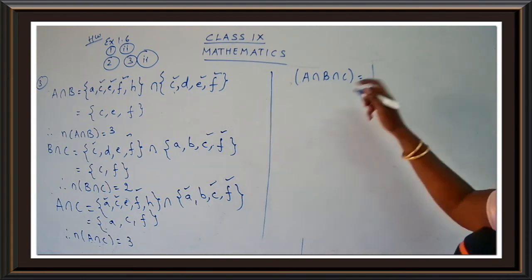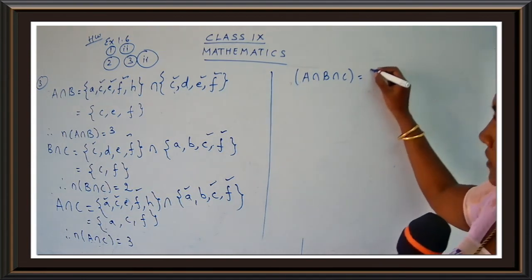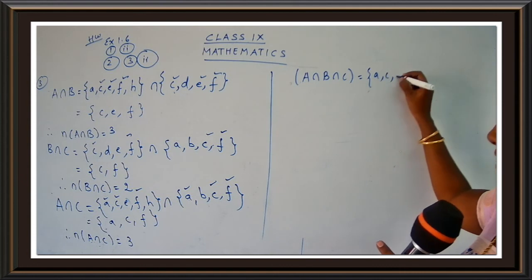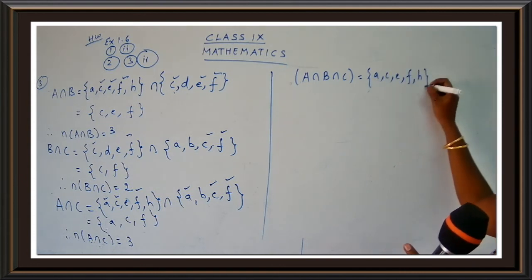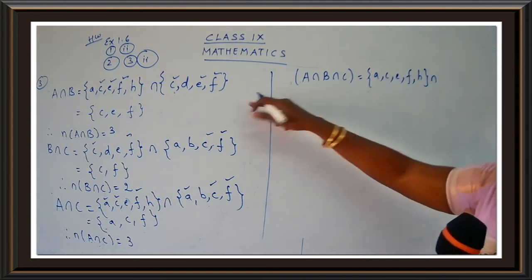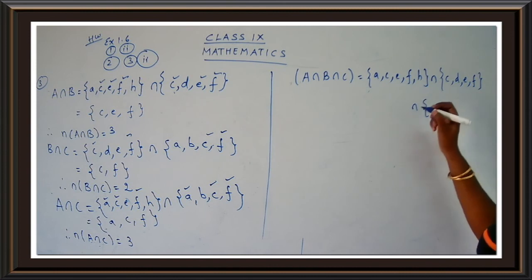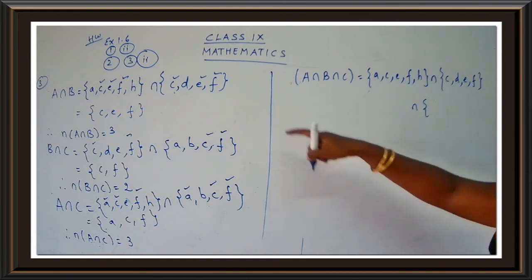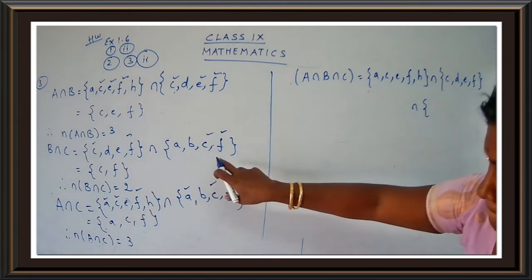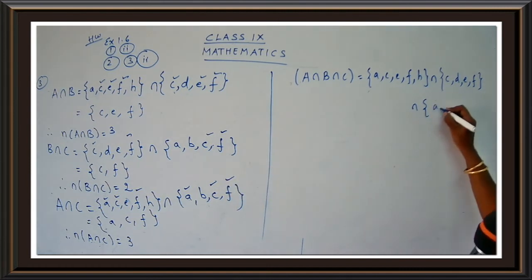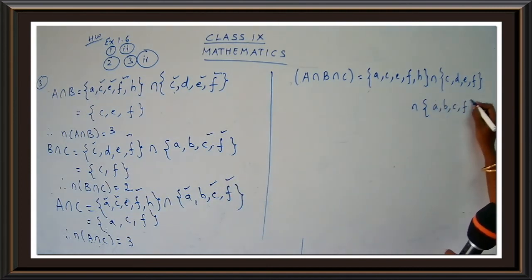Okay children? So what is A? A, C, E, F, H intersection B, C, D, E, F intersection. Where is C? This is C, yes. A, B, C, F.